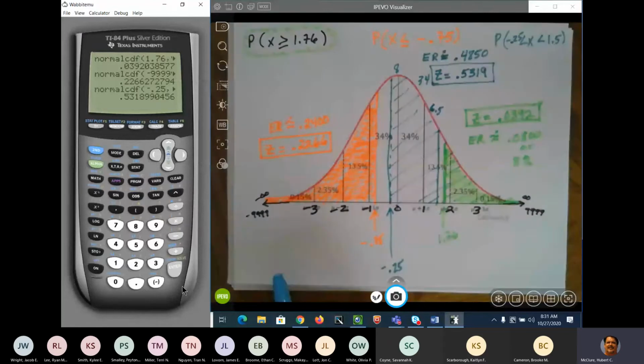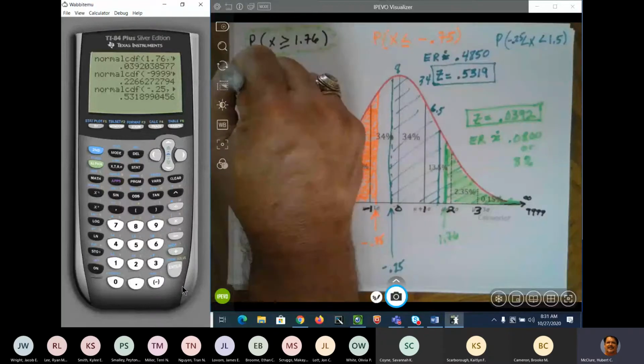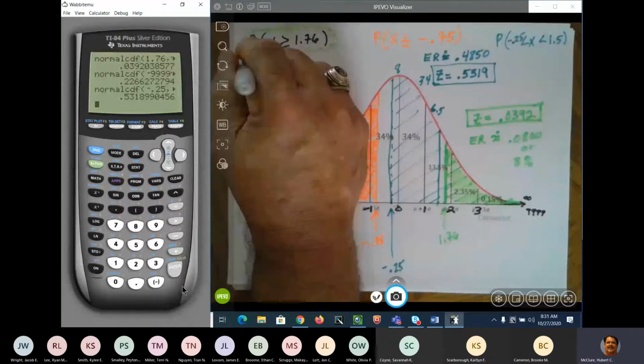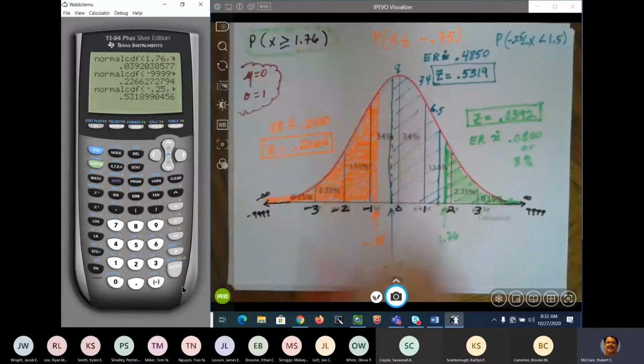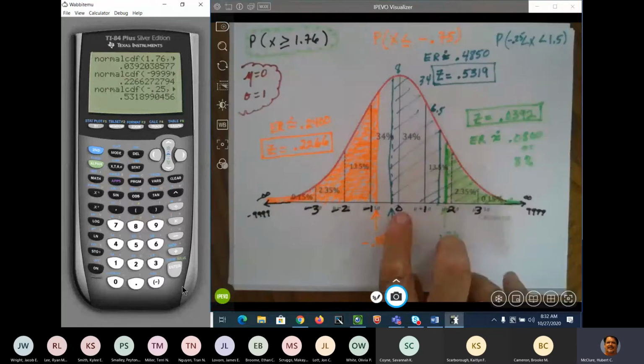And that's with, hold on, let me get my red pen. That's with mu equal to 0 and a standard deviation of 1. And that's one type of question you would have in chapter 7. Mu is equal to 0 and sigma is equal to 1. And that's how you get the z-scores on the bottom.